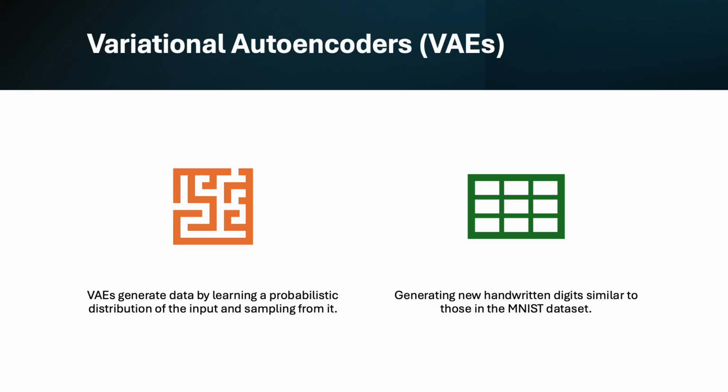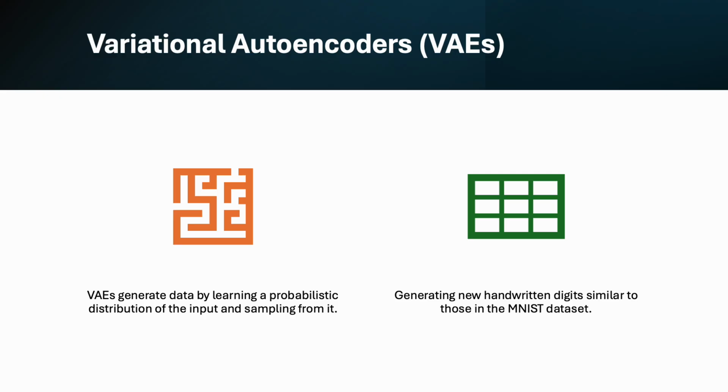This allows them to generate diverse and realistic outputs by sampling from a latent space, a compressed representation of the input data. VAEs consist of two main components: an encoder, which maps input data into the latent space, and a decoder, which reconstructs data from this space.